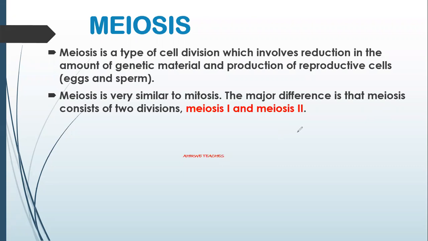When one division occurs, it is immediately followed by another division. Okay? So those are the two successive divisions. And these divisions are meiosis 1, that is the first meiosis.